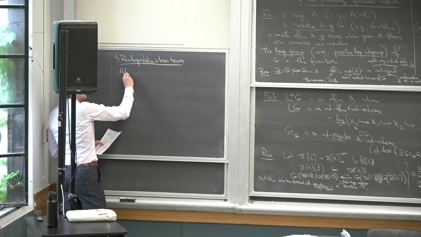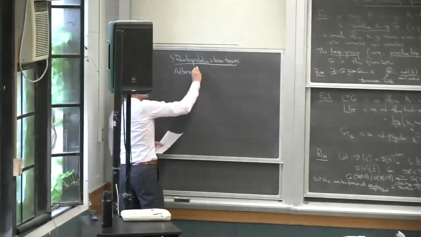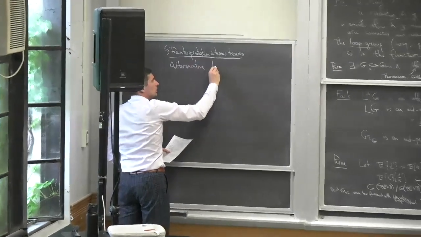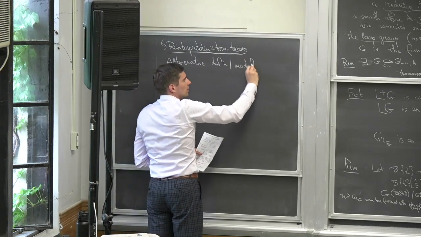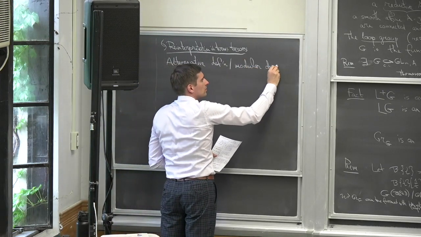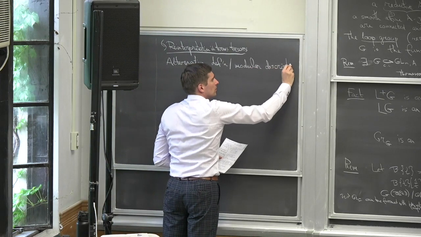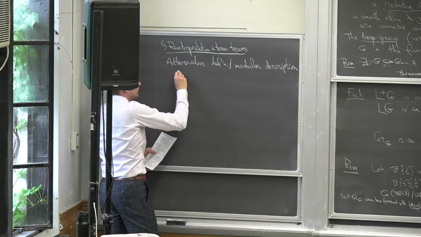So for this, let me recall an alternative definition and simultaneously a modular description of the affine Grassmannian.